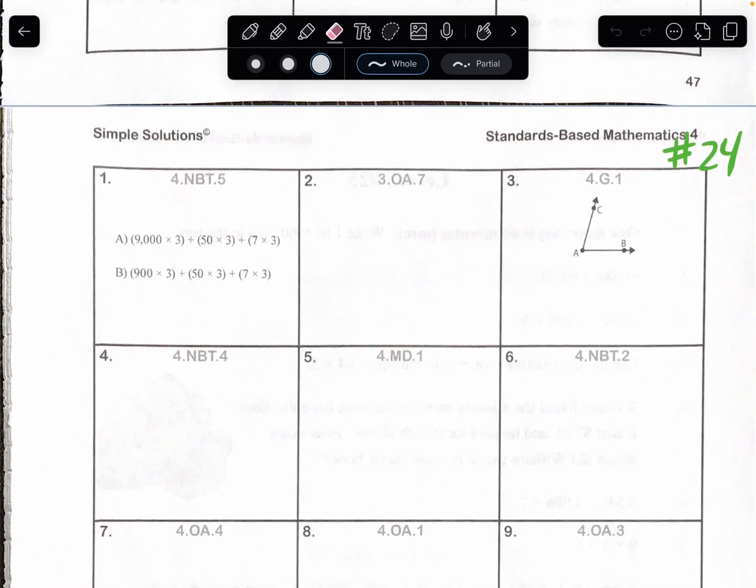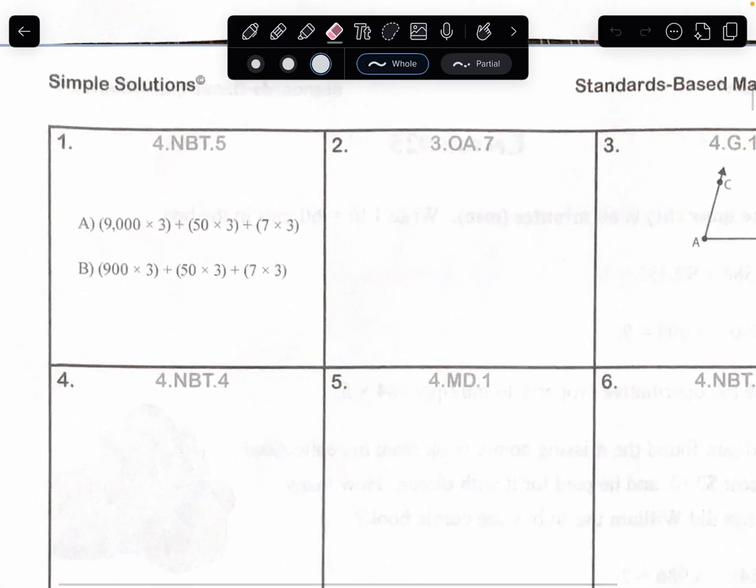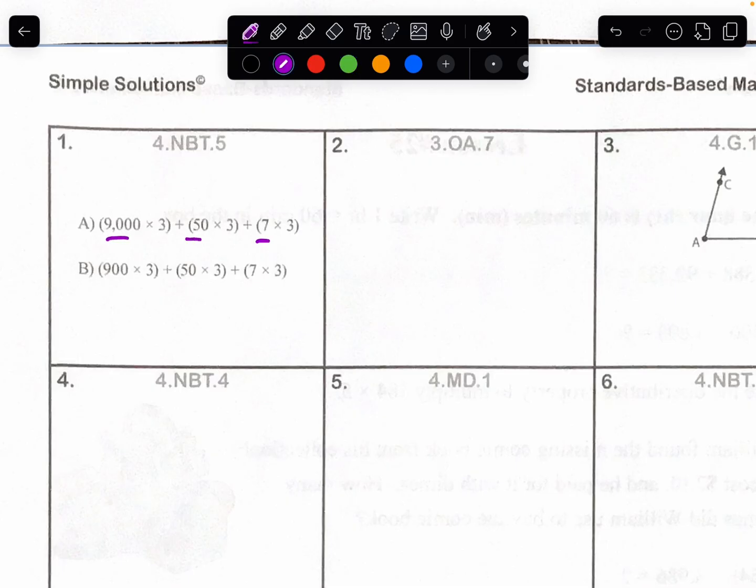Answers for number 24. All right, number 1 says, which shows the use of the distributive property for 957 times 3? All right, so we see A has 9,000, 9,050, and 7. But if you look at your number, it's 957 times 3.